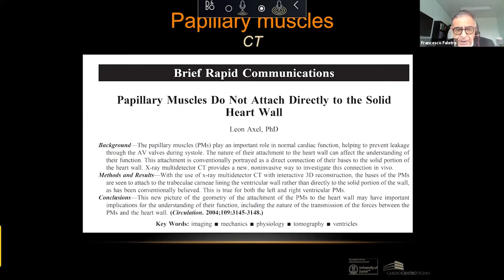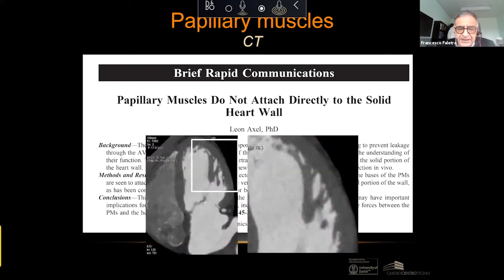And what they found, remember, a radiologist and non-cardiologist, was that the papillary muscle does not attach as a single pillar on the ventricular wall, but with a lot of roots, as a tree, a lot of roots here.